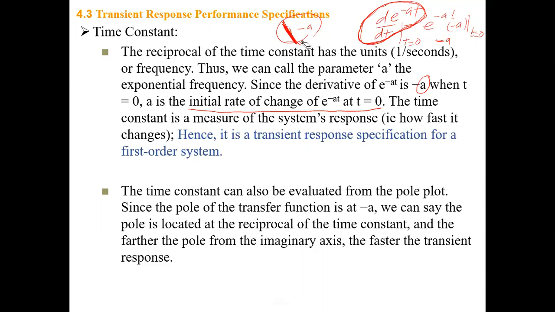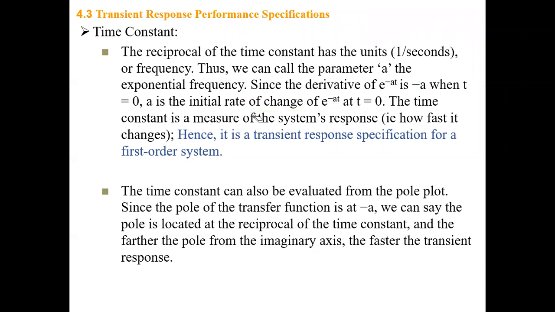So what do you conclude from here? What is the significance of the time constant? The time constant gives you the rate. So the time constant is the measure of the system's response, that is, how fast it changes. Hence, it is a transient response specification for a first order system.